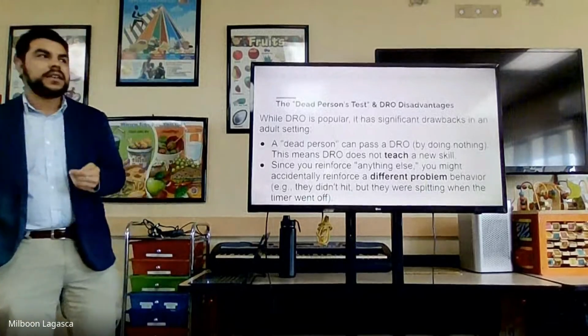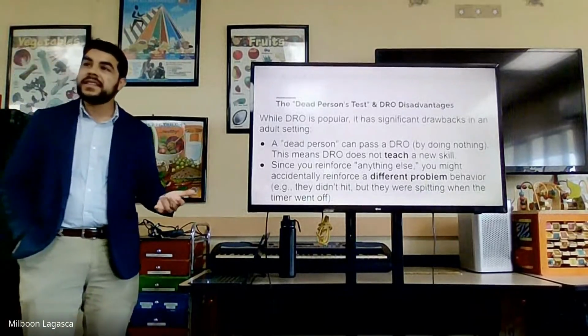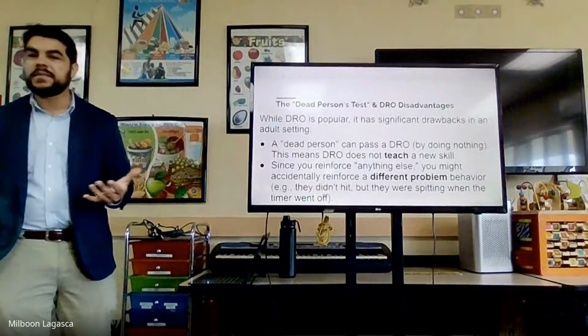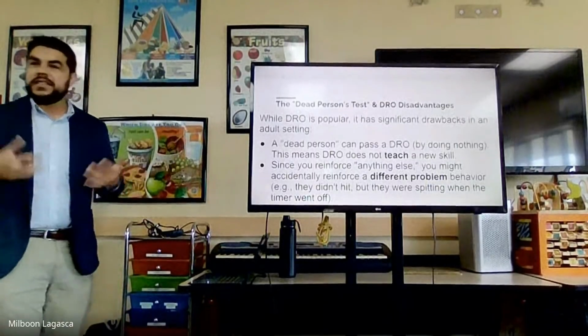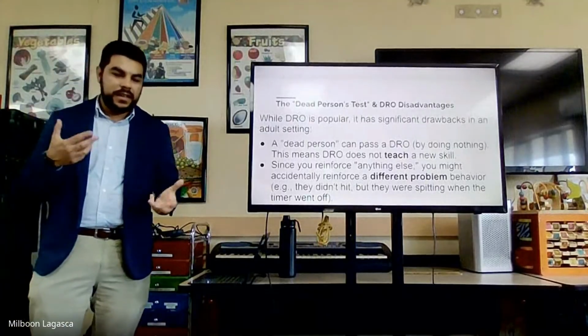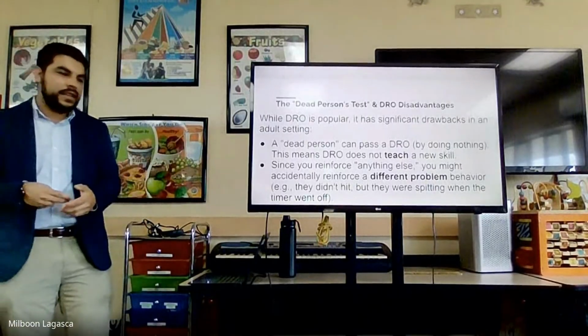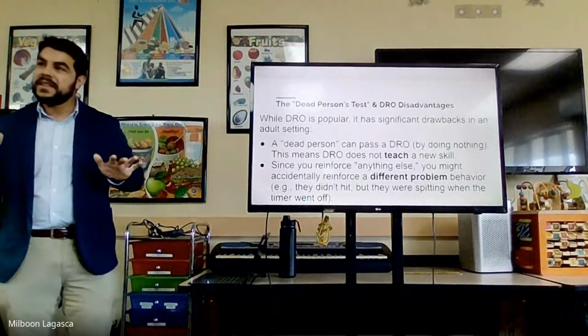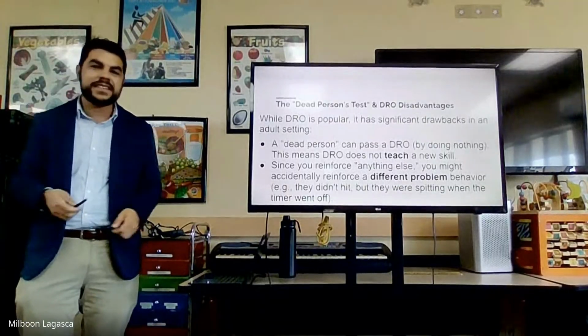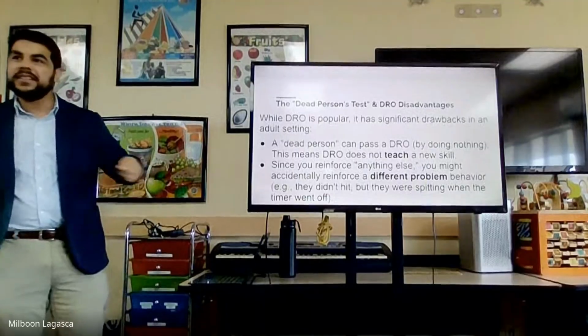This essentially says that if a dead person can do it, then it's not behavior, because behavior is anything a living organism can do. DRO does not allow somebody to pass the dead man's test, because, again, if they don't do something, that is not behavior. Any old pair of skeletons can do the exact same thing, and you can reinforce that all day long.